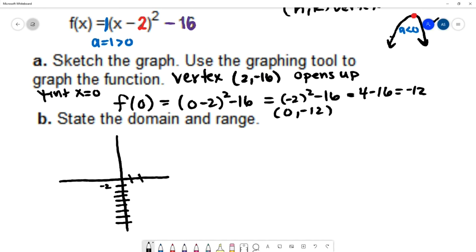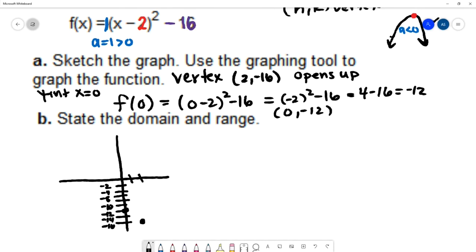So we're going down negative 2, negative 4, negative 6, negative 8, negative 10, negative 12, negative 14, negative 16. So I need to go to negative 16, which is right here. And I'm going to have that second point being the y-intercept here.